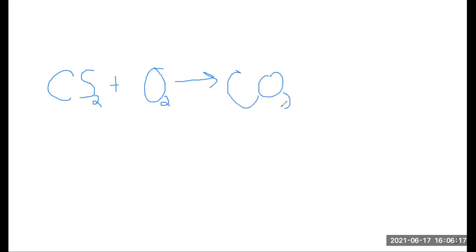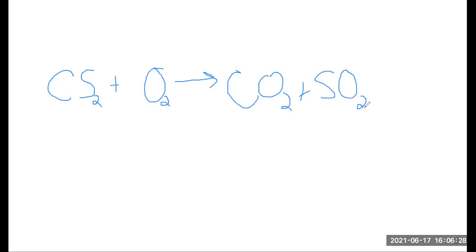So if we have CS2 and we are adding to that some oxygen gas, our products are going to be carbon dioxide, CO2, and some SO2.